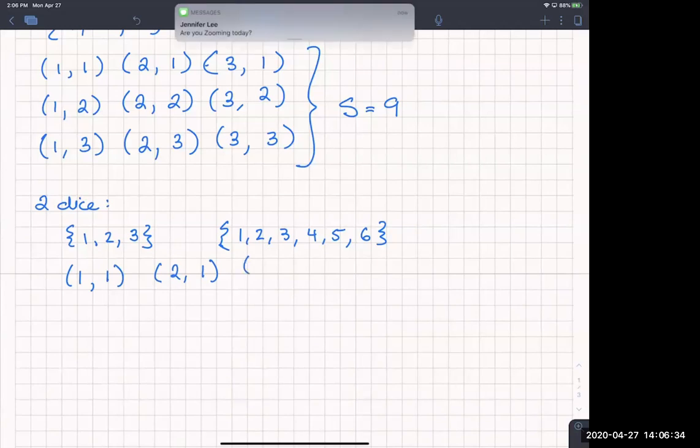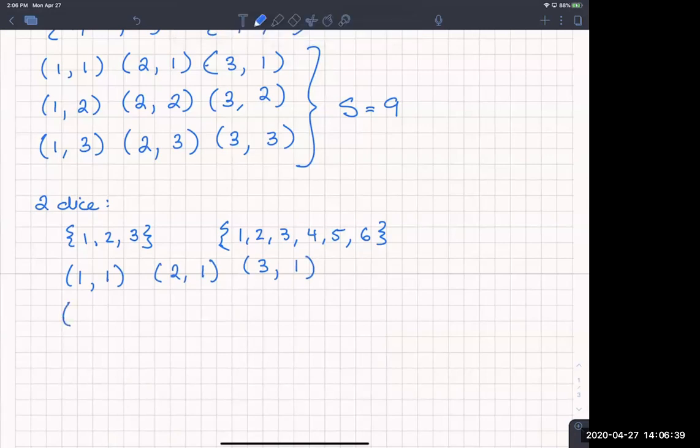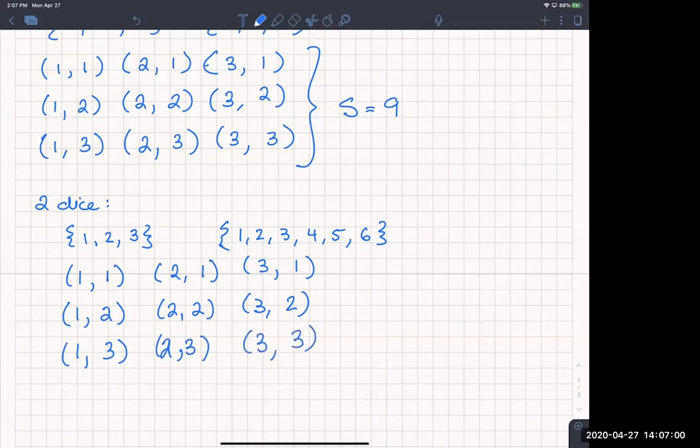Next one is 3 on the first die, 1 on the second die. Then we do this again. We do 1 on the first die, now 2 on the second die, 2 on the first die, 2 on the second die, then 3 on the first die, 2 on the second die. Then again, 1 on the first die, 3 on the second die, 2 on the first die, 3 on the second die, 3 on the first die, 3 on the second die.